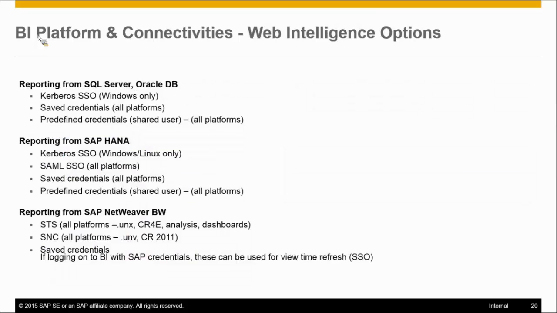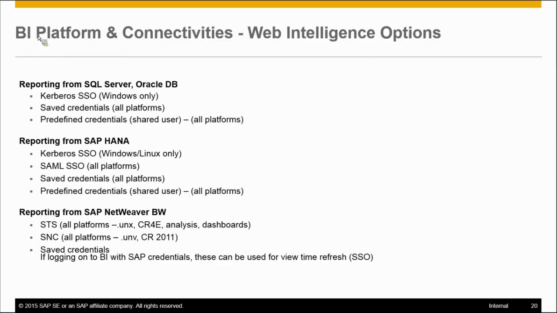Regarding Web Intelligence, we offer different kinds of authentication. So against Oracle DB, it's integrated with Kerberos single sign-on, only on Windows. For any other platform, you have to save the credential manually, as shown in the previous slide. So you have to set the username and password.